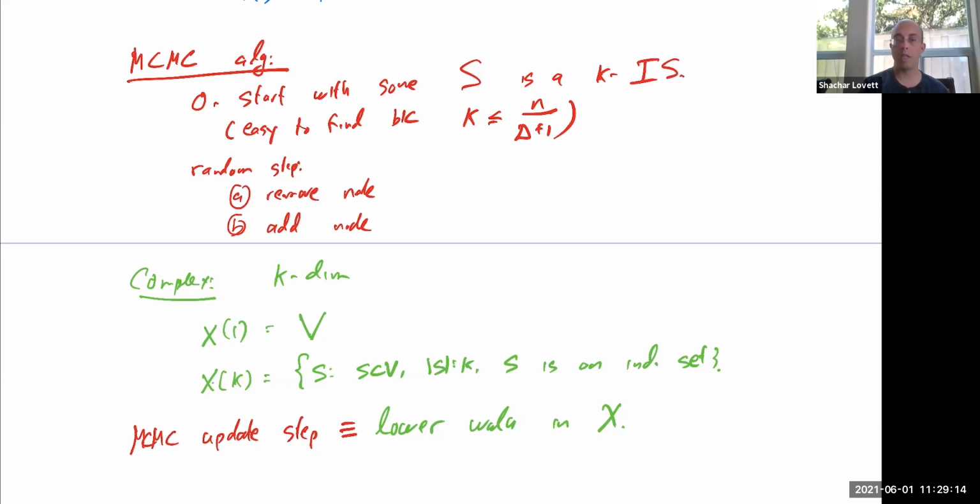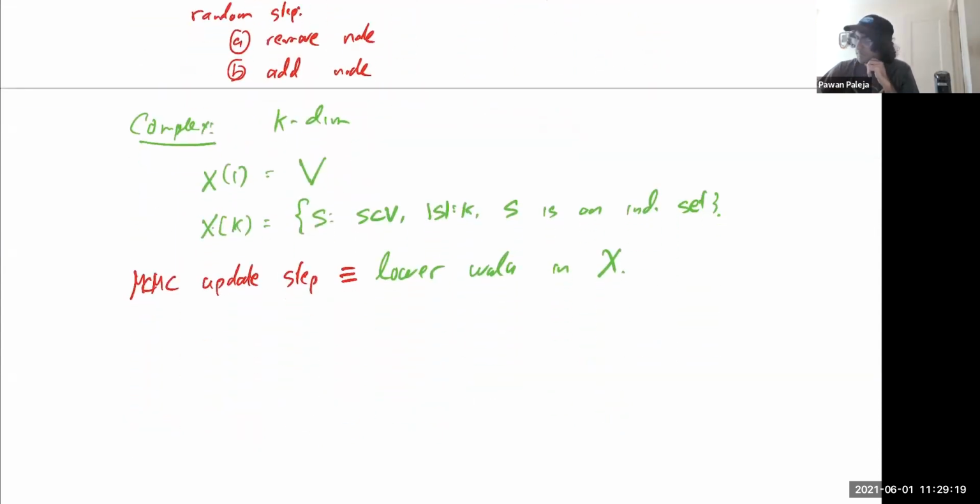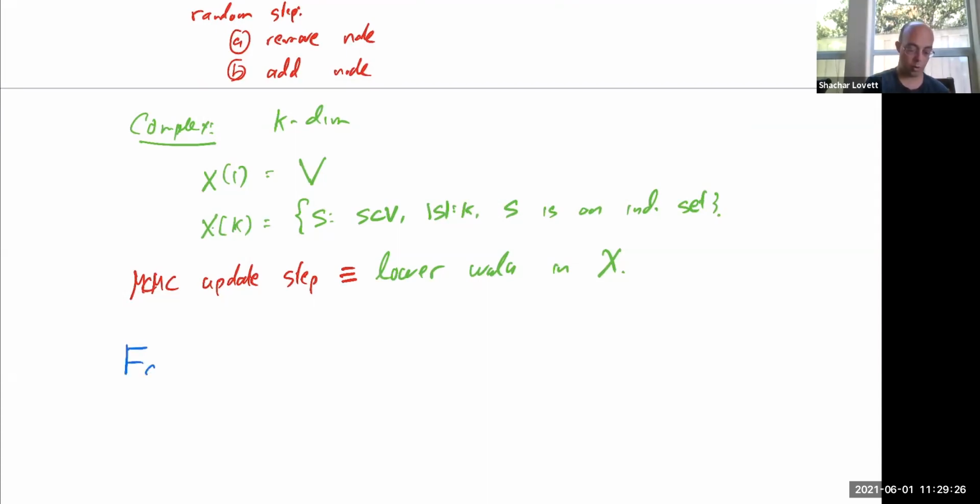So okay, now what can we say about this complex? So here's a fact that we're not going to prove. Two things. First of all, for every i at most k minus 2, and for every tau in Xi, the complex X tau is connected.